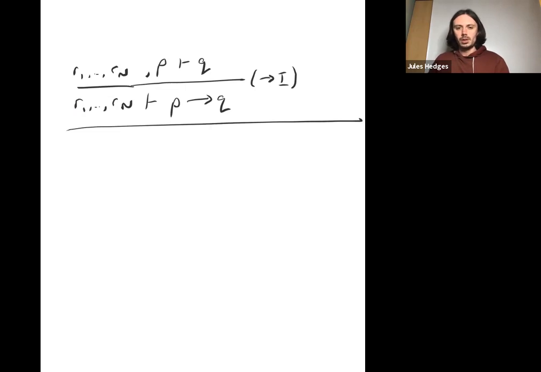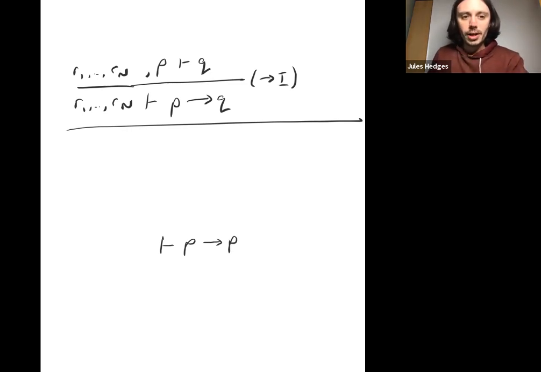So I'm going to prove that if P is true, then P is true. We're going to start with a sequence with no hypotheses, because we don't need any extra hypotheses. And then we're going to have P implies P on the right. This looks like an instance of the implies introduction rule.